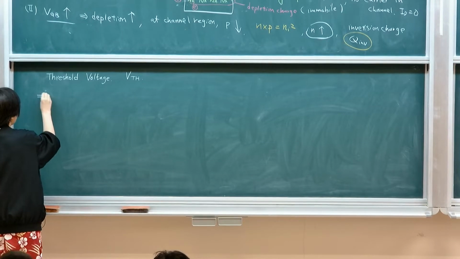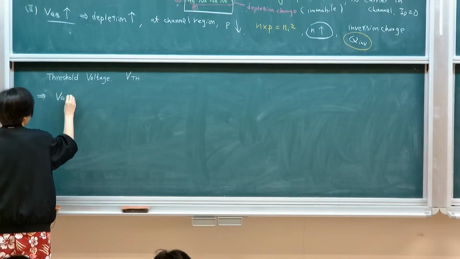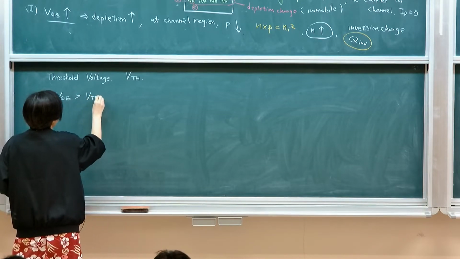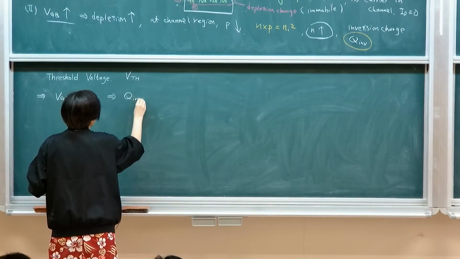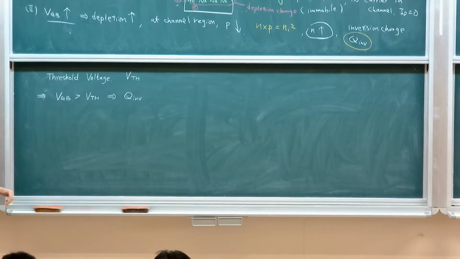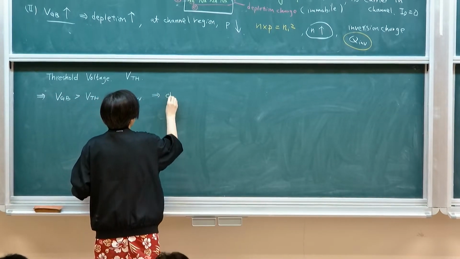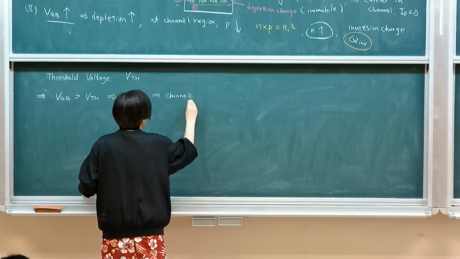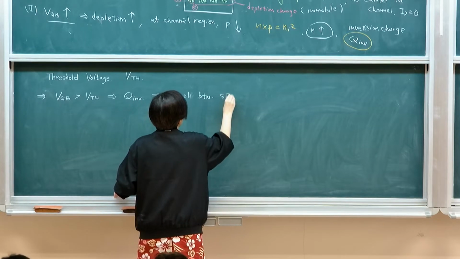So anytime you have gate to body voltage larger than VTH, we assume that there's inversion charge. And once there's inversion charge, it simply implies that there's a channel established between source and drain.